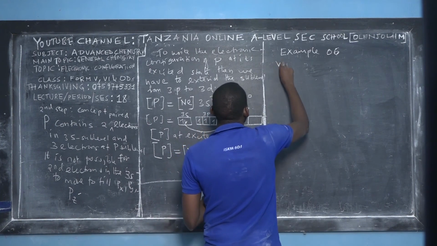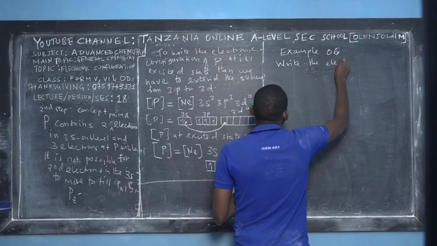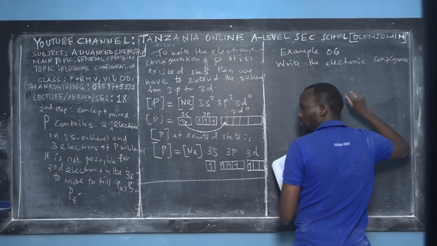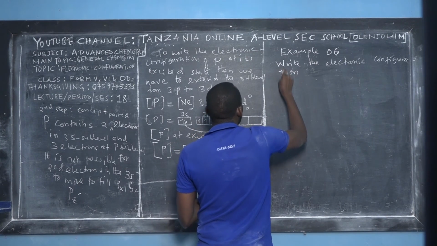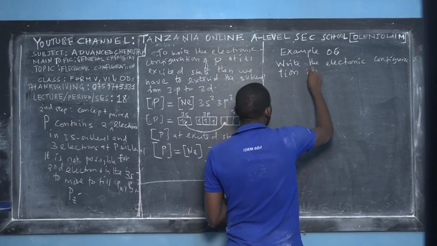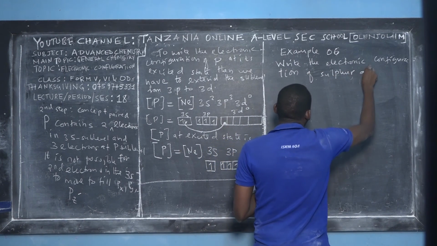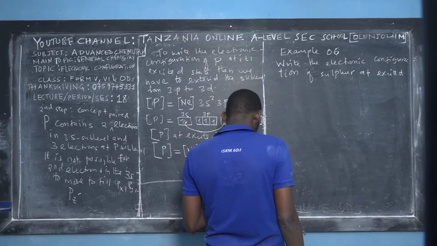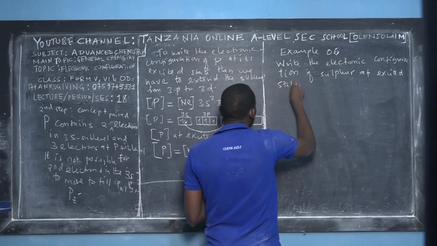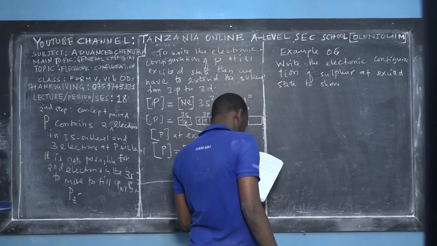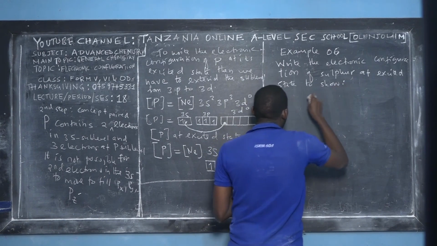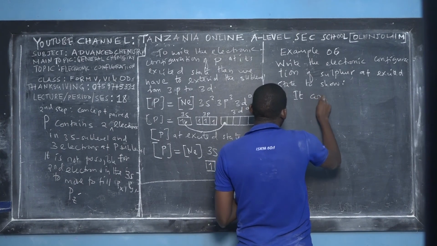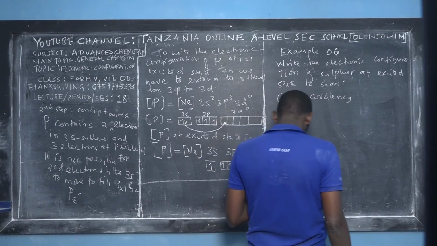Write the electron configuration of sulfur at its excited state to show its covalence of 4.